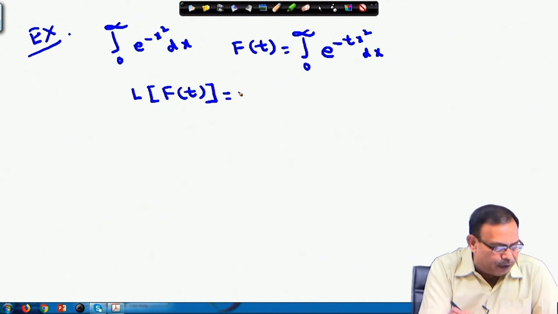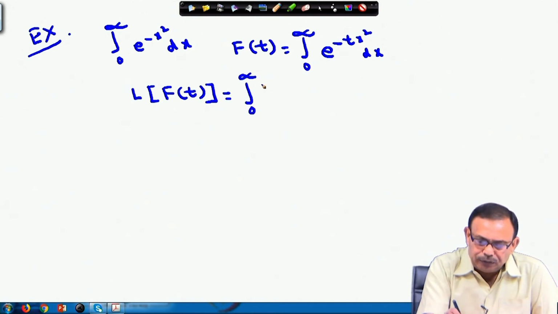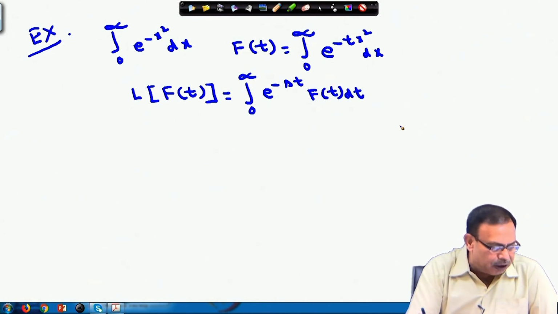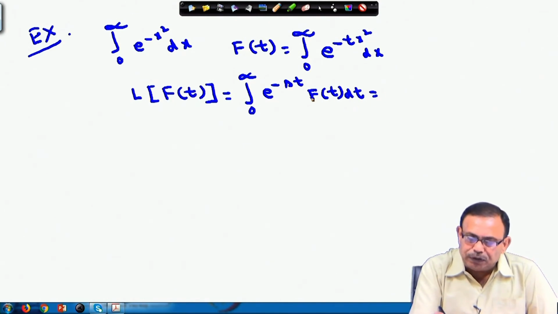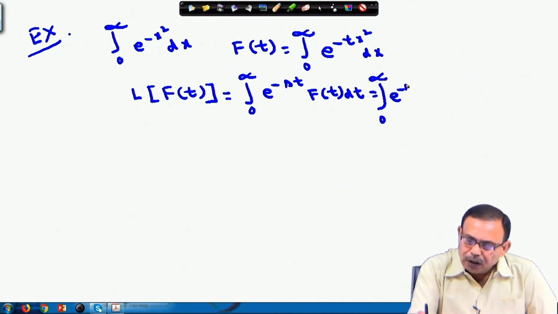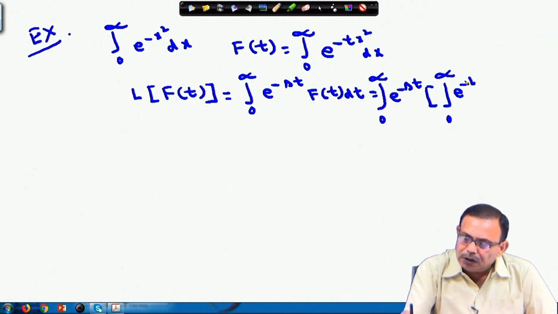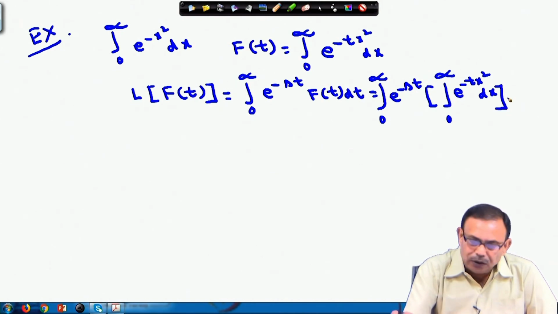The Laplace transform of f(t), from the definition, is the integral from 0 to infinity of e power minus s t into f(t) dt. Now if you substitute the value of f(t), you will obtain two integrals effectively: 0 to infinity e power minus s t into 0 to infinity e power minus t x square dx, and the whole into dt.